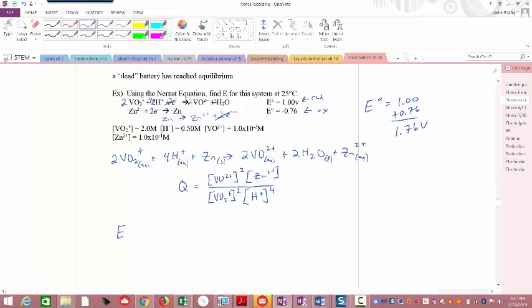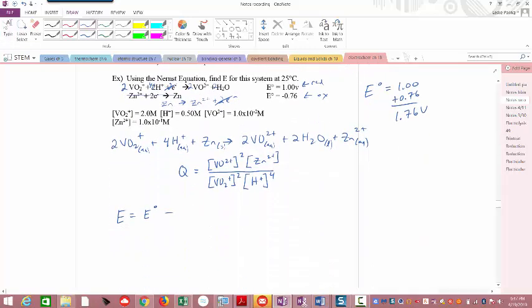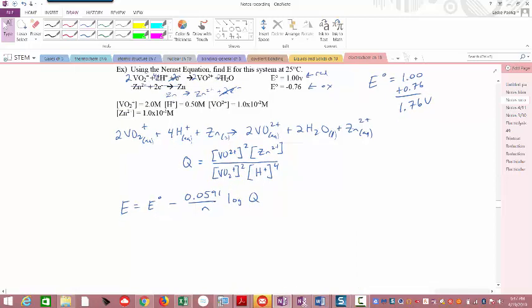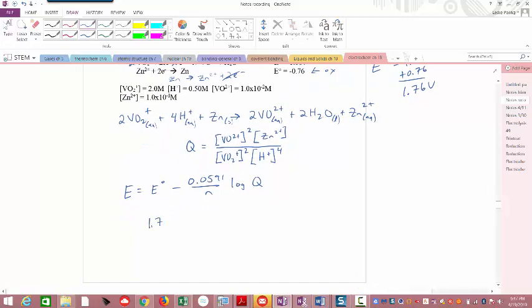Okay? So our Nernst equation: E equals E naught minus 0.0591 over n times the log of Q. So we have 1.76 volts minus 0.0591 over, it was 2 moles of electrons, times the log of our concentration of VO2+, which is 1 times 10 to the minus 2, and this gets squared.